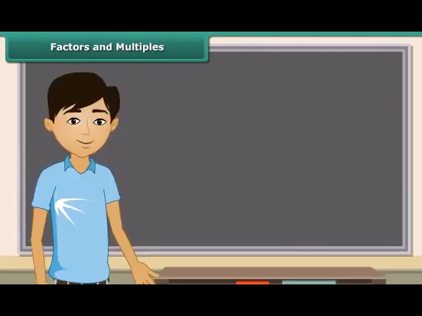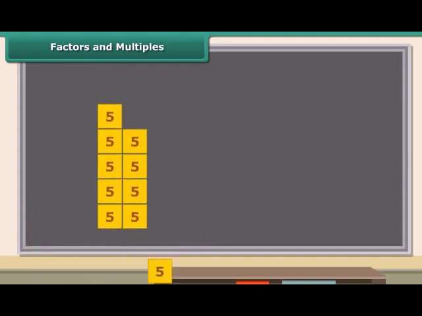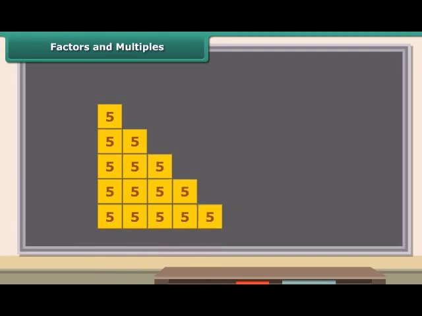Let us revise factors and multiples with the help of an interesting activity. 1. Collect some wooden strips, each 5 units long. 2. Join them end to end as shown in the figure.